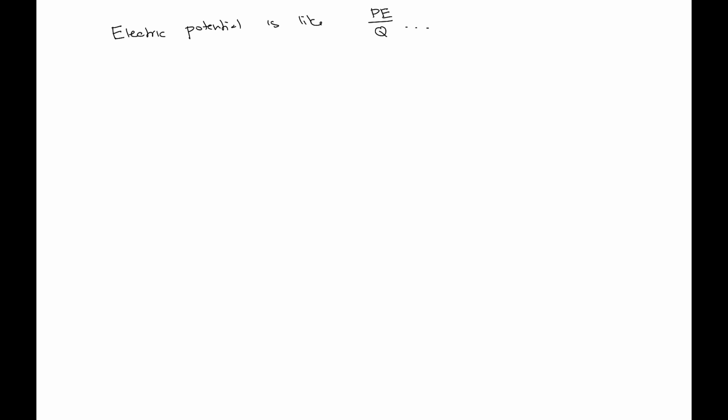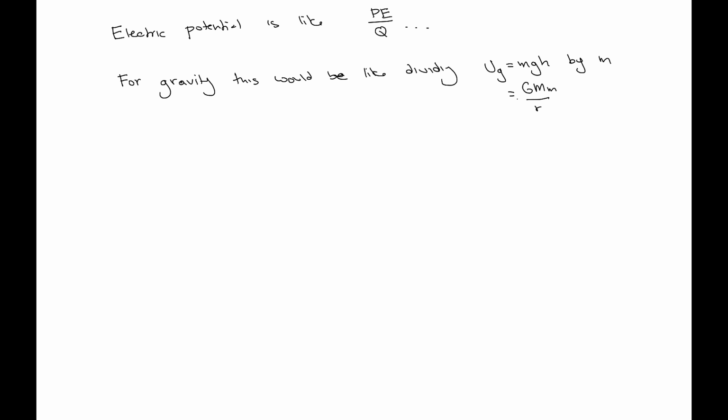Let's make this analogy with gravity a little stronger. For gravity, if I were to think about an analogous quantity for the gravitational field, this would be like dividing our gravitational potential energy, which is mgh, by m. Or I could make this a little bit more sophisticated, G little m over r. It doesn't really matter. The idea is still the same.